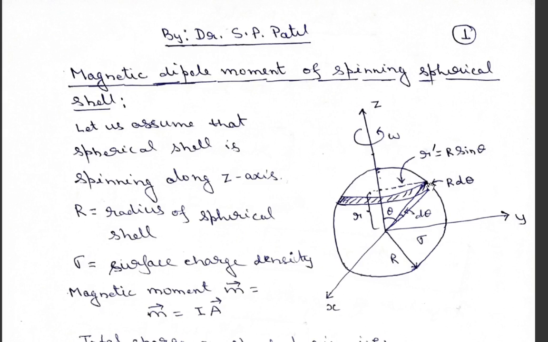In order to do that, let us consider some small point on the spherical surface of the spherical shell.